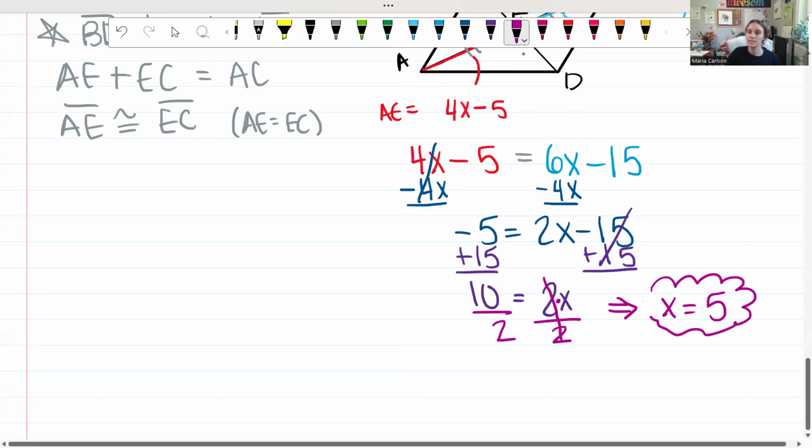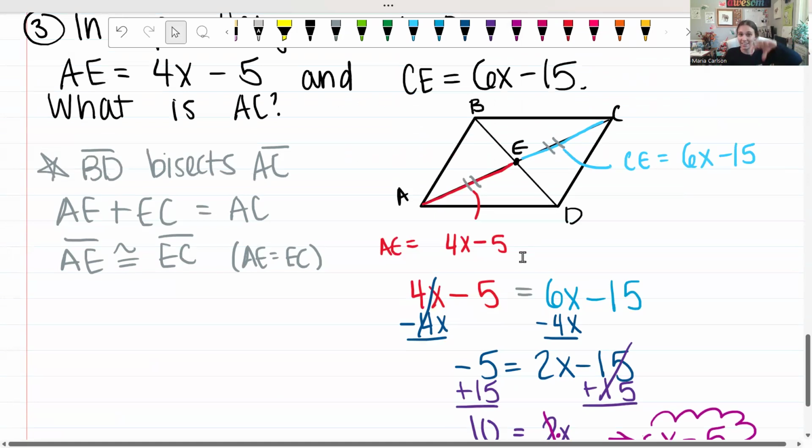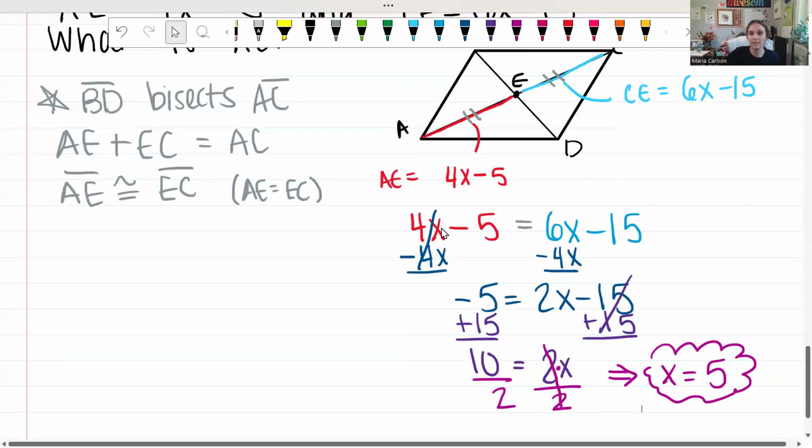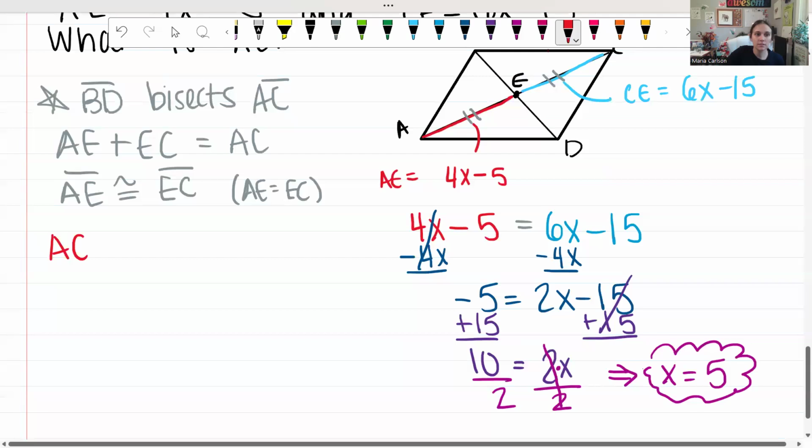Now, this is helpful to us because remember, if I add up AE plus EC, I will get the entire segment, the diagonal AC. So now I know AE and EC because I know x is 5. So AE is 4x minus 5.